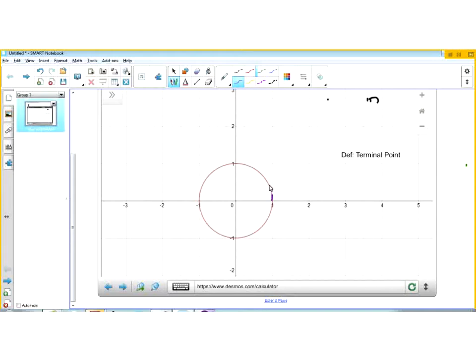So this would be, okay, so the terminal point, 0, 1, that's equal to pi halves radians, which is equal to t. So t is equal to pi halves radians, and so the terminal point, P, is 0, 1. So if I ask you what is the terminal point for pi halves, you'll answer 0, 1.